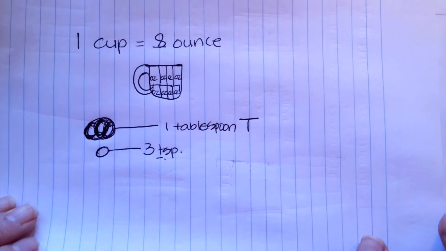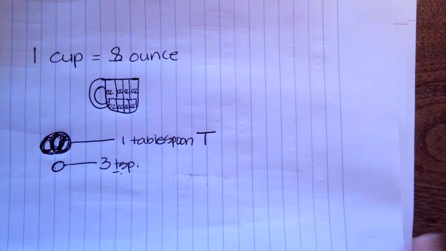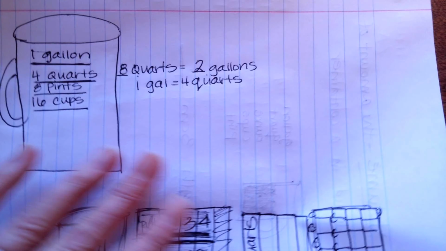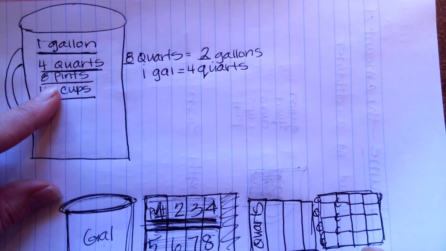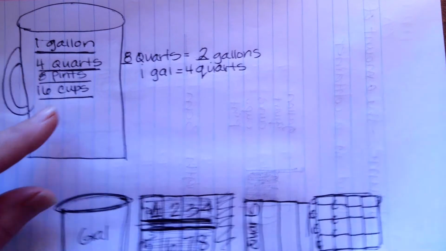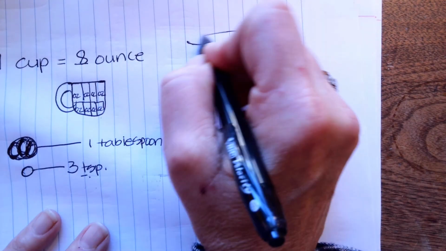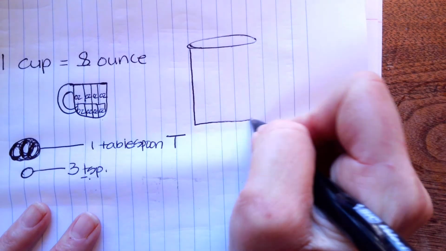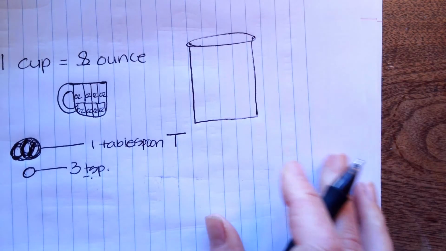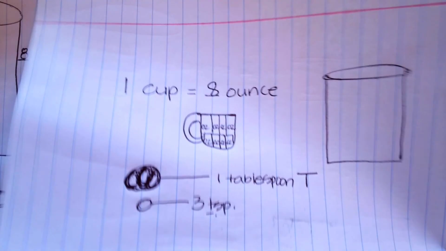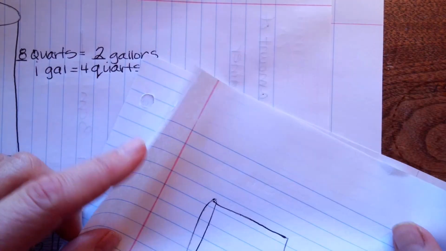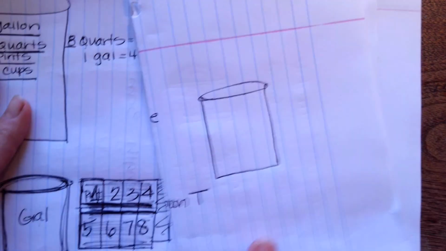Yeah. Okay. So now in this one, we had 1 gallon equals 4 quarts, 8 pints, and 16 cups. We also have another measurement, and that is a smaller measurement. So you're going to make a smaller one. Here was our big gallon.